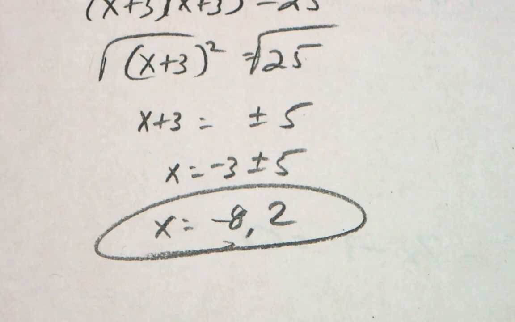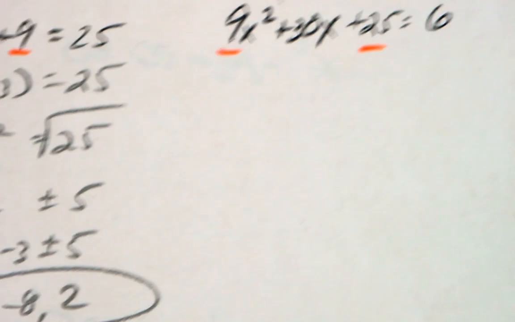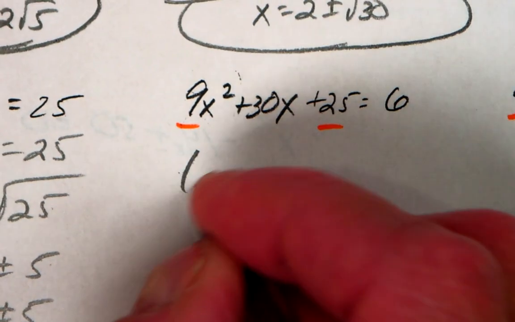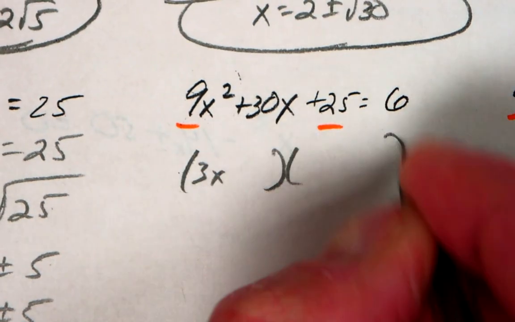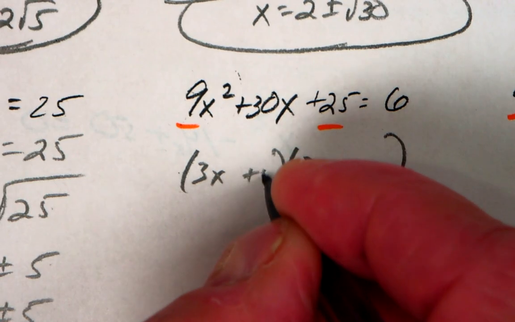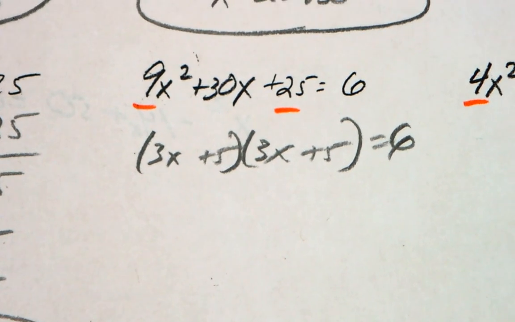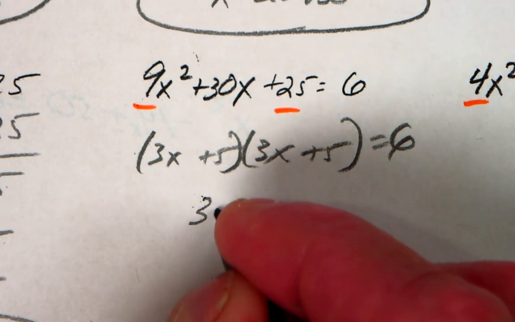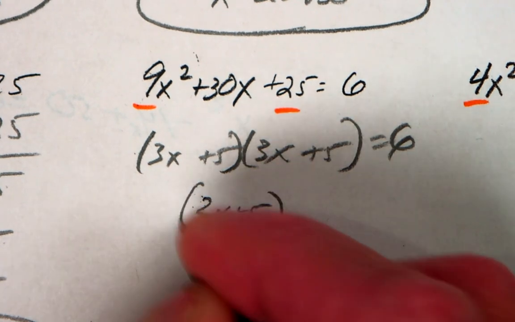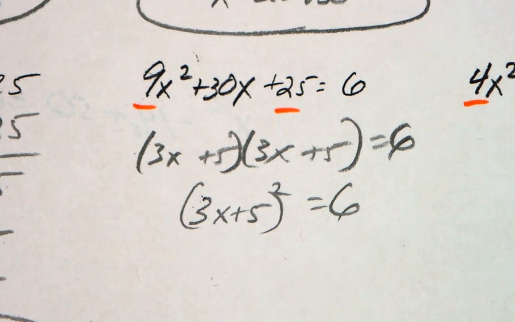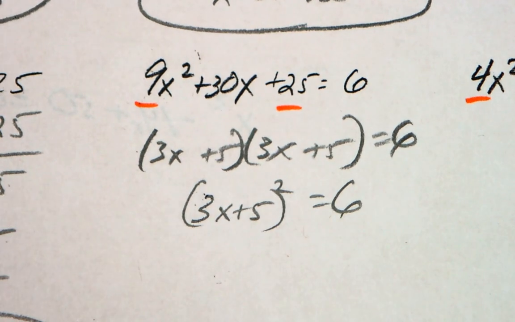The next couple will factor the same way. So if I did this one, 3x plus 5 equals 6. So then that will factor. 3x plus 5 squared equals 6. I will work with this a little bit more on Monday and explain. But then you can just go ahead and finish it. This one's going to have another step, but that's all right.